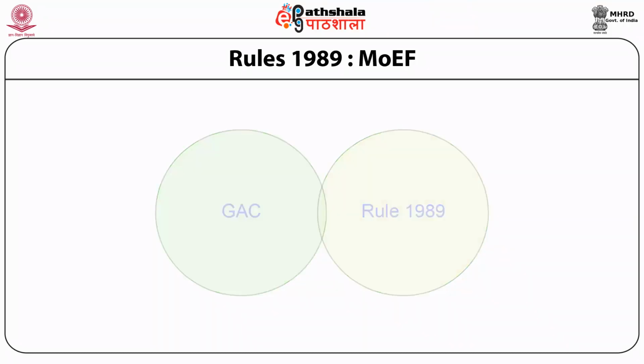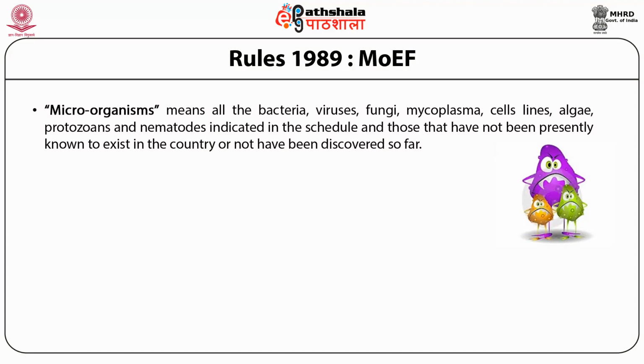For example, microorganisms has been defined as all the bacteria, viruses, fungi, mycoplasma, cell lines, algae, protozoans, nematodes indicated in the schedule, and those that have not been presently known to exist in the country or have not been discovered so far. So, microorganisms which are of exotic nature.